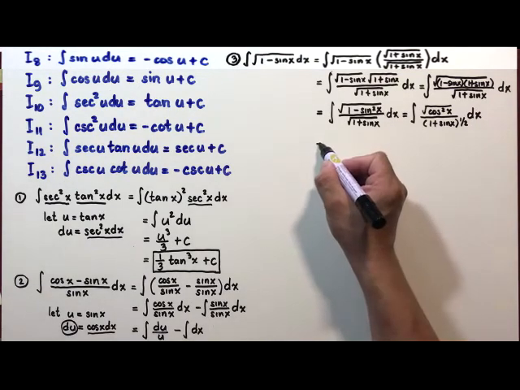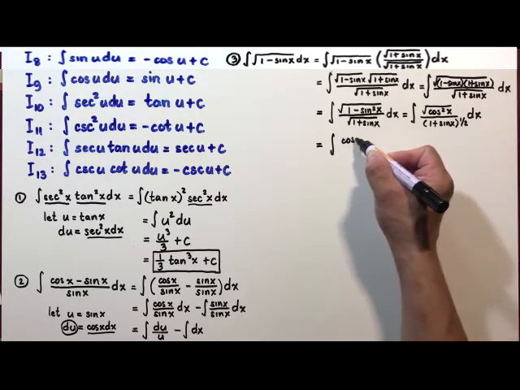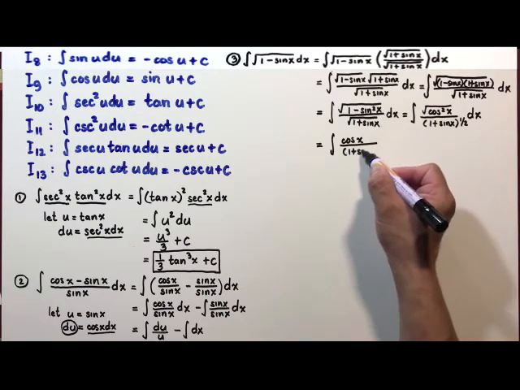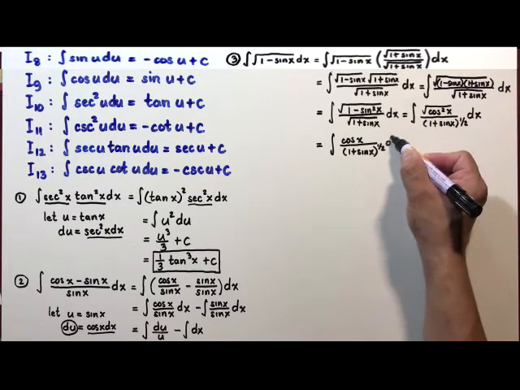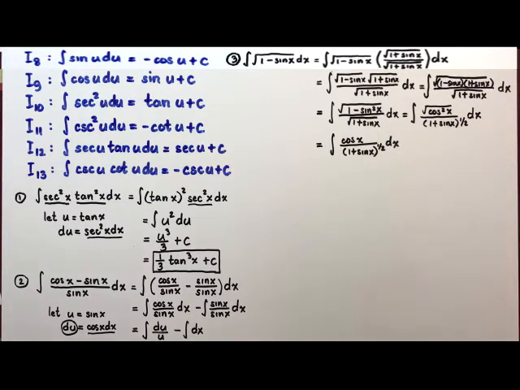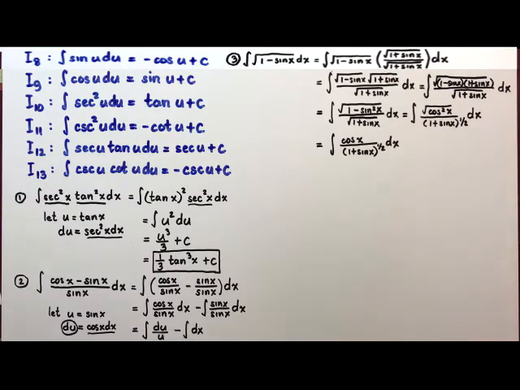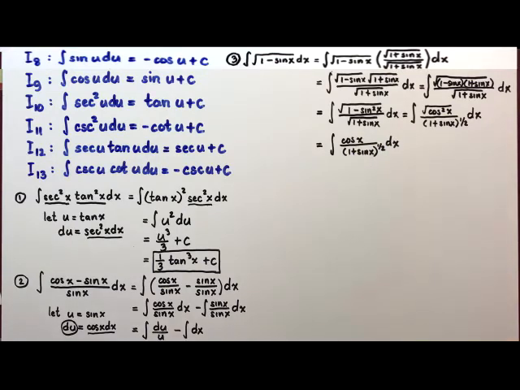So this is equal to the integral of cosine x over 1 plus sine x to the power of 1/2, and then dx. Why? Because the square root of the square of cosine x is cosine x. And you see that this is still a quotient of two functions.